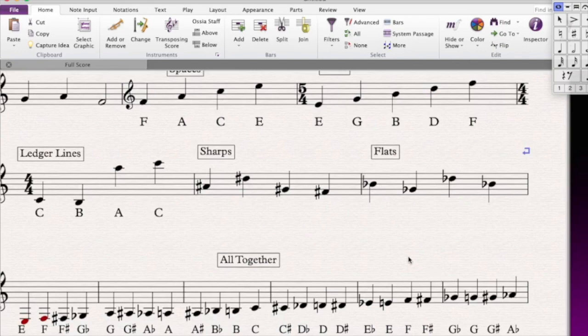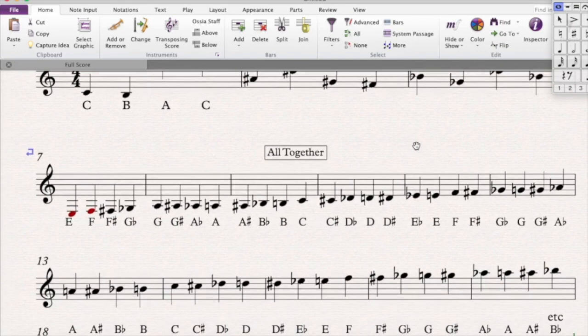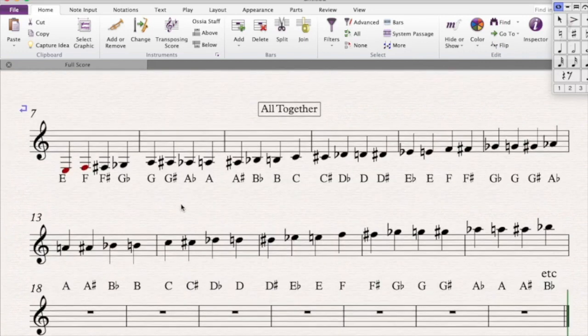So what I've done is I've put a little thing here which is all together. Now you might be thinking, whoa, what is this? I've put, well, not all notes of course, but a vast majority of the notes. We've got E, 3 lines below the stave, and etc. We have all the sharp, flat, and natural notes on the treble clef. Keeping in mind we've just spoken that sharps and flats are the same, so these two notes here are exactly the same pitch, sound exactly the same, but are written differently.